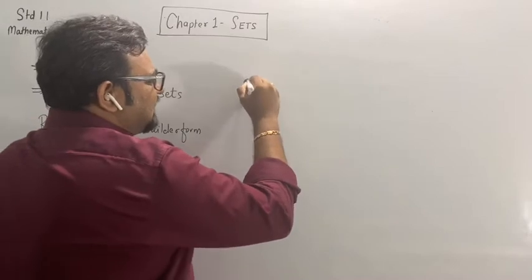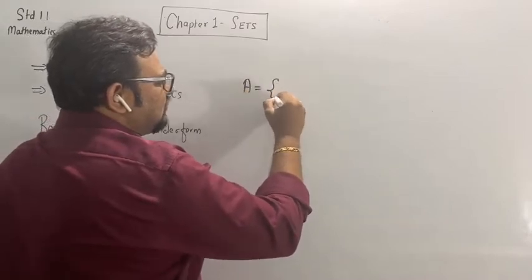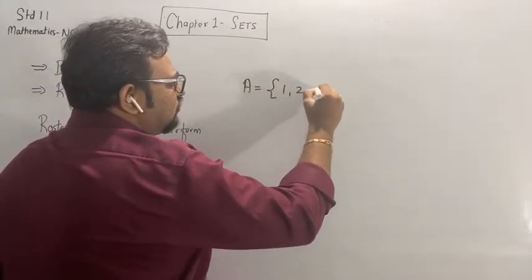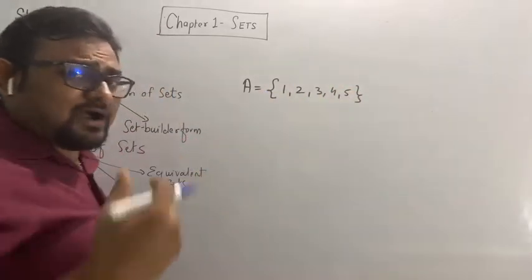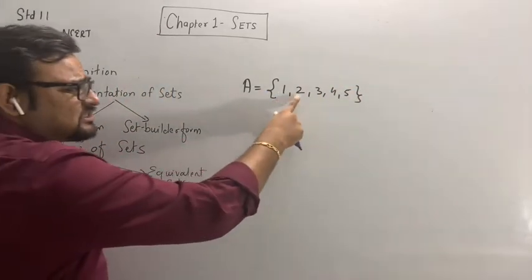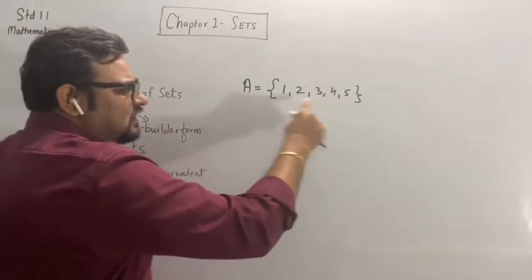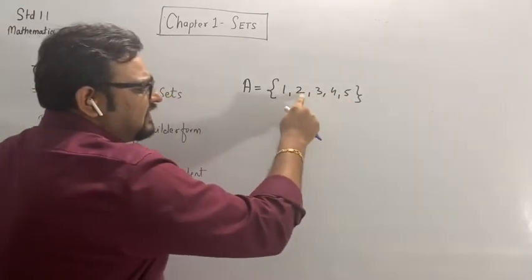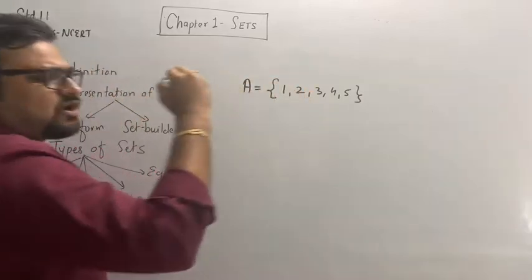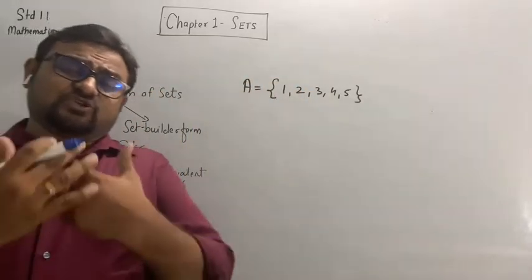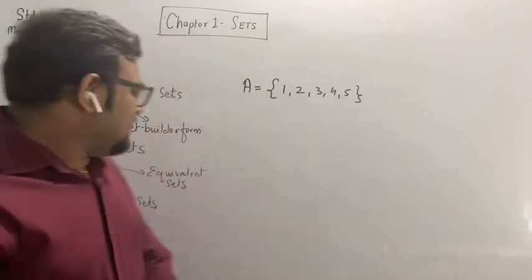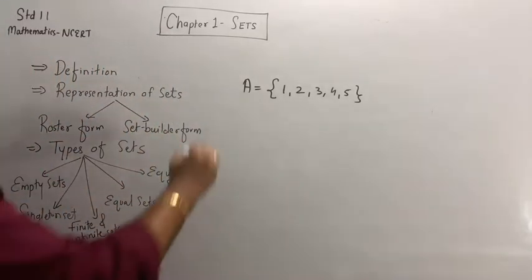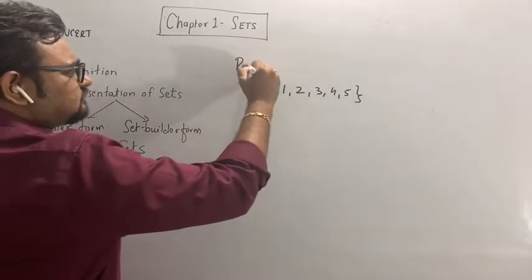Means if I say A is equal to {1, 2, 3, 4, 5}, what I did is I listed out the elements in curly brackets and separated the elements by commas. That is roster form or listing method.